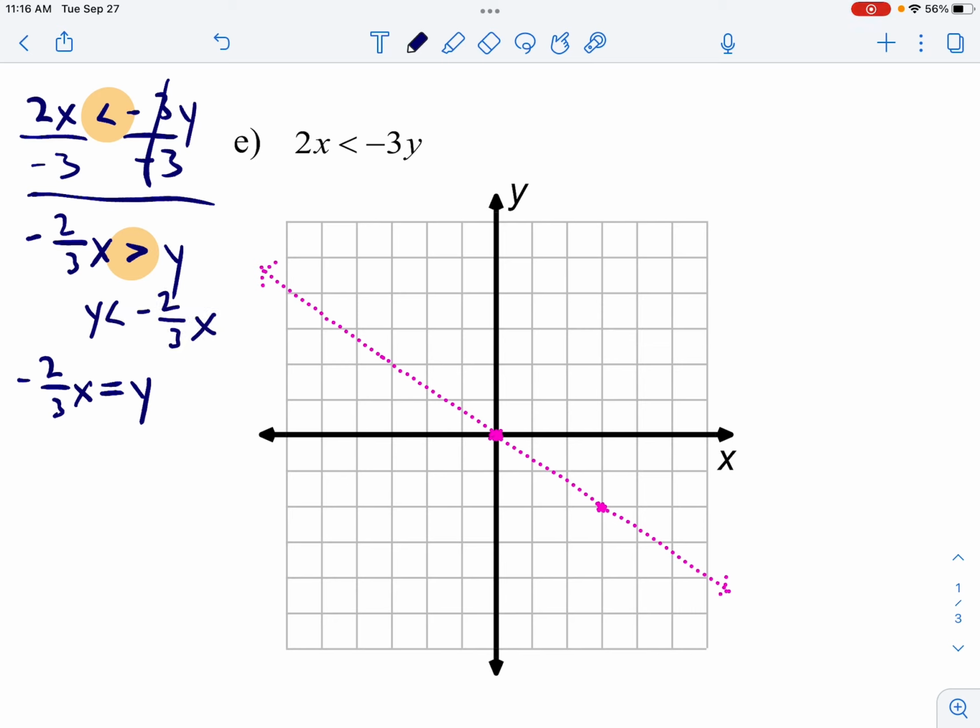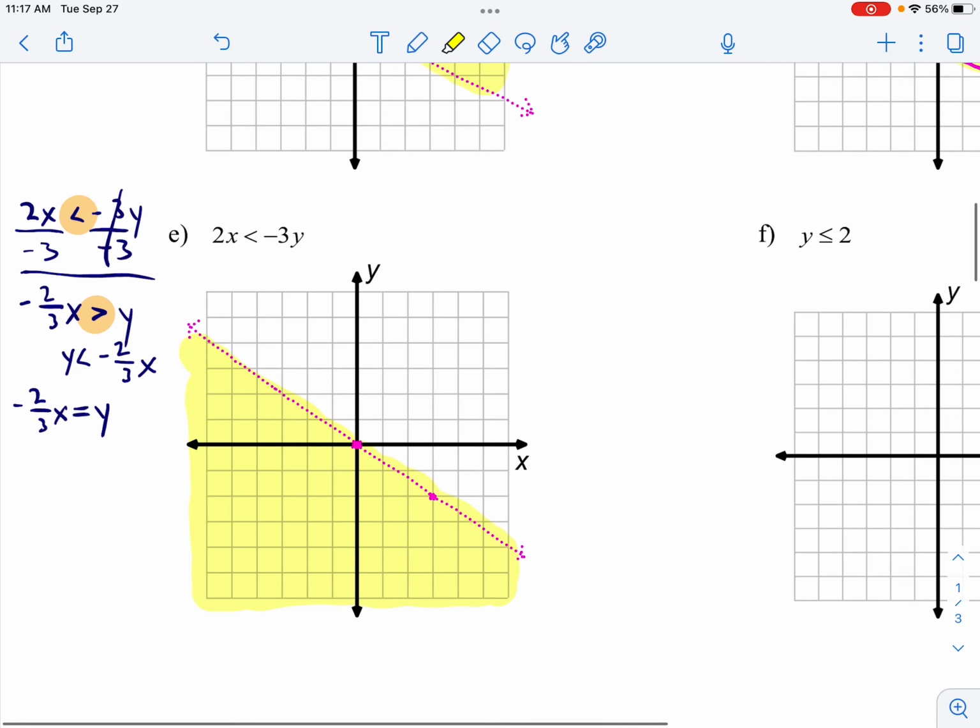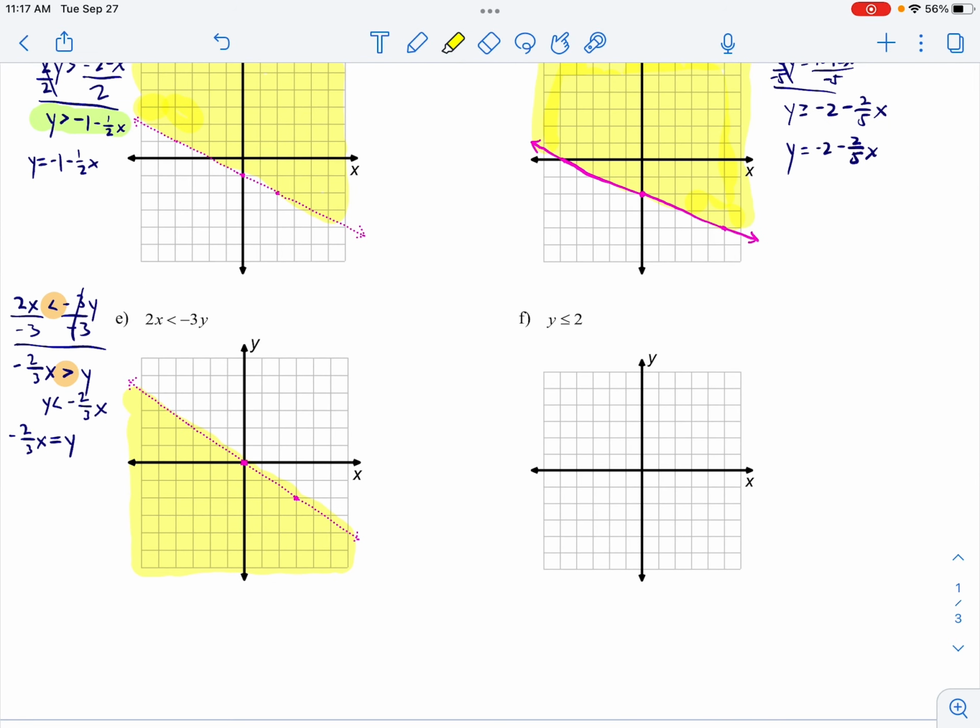We need y to be less than that line, so we're going to shade below the line. There we go. Let's fill her in. Okay, it's part E in the books.